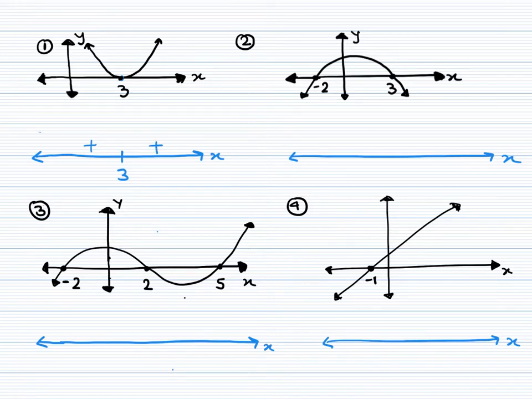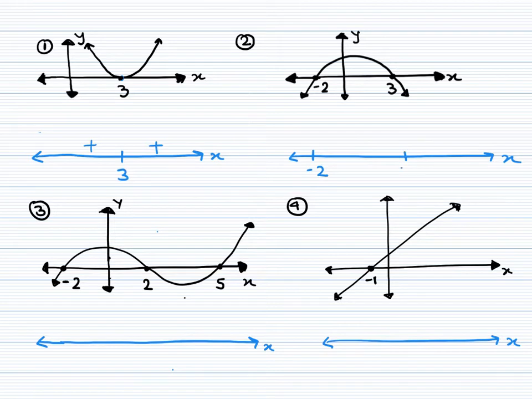Now the next one is a little bit different. This graph is cutting the x-axis twice, when x is equal to -2 and when x is equal to 3. Those two values are our critical values, so I'm going to write -2 and 3 on the sign diagram.